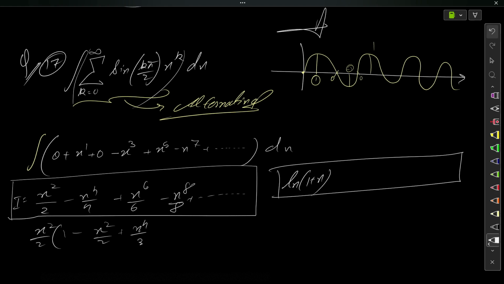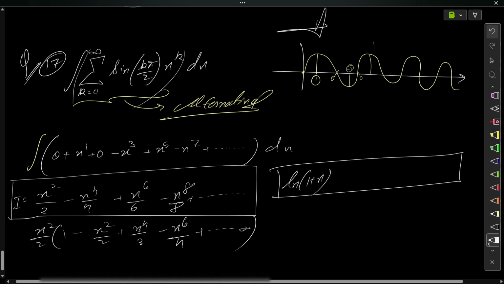But exactly, so from here I think that I should take x square as common from both sides. So in that case, I'll be getting 1 minus x square by 2 plus x square by 3 plus x to the power 4 by 3 minus x to the power 6 by 4 plus up till infinity, right?